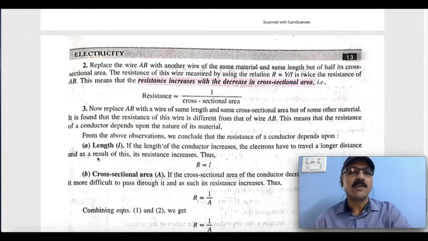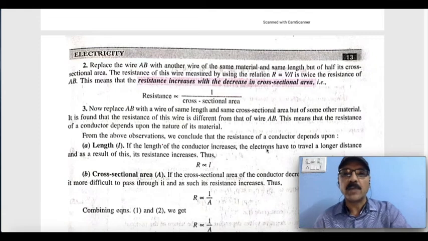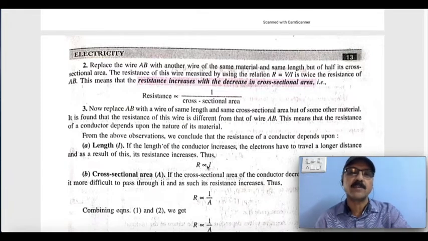First, length: if the length of the conductor increases, electrons have to travel a longer distance, and as a result its resistance increases.